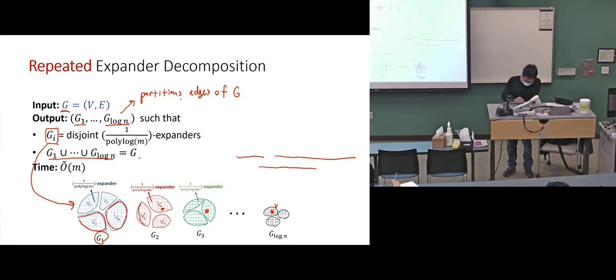G2 is all edges inside the expanders on level 2, and G3, and so on. So each of the Gi is a disjoint union of expanders.